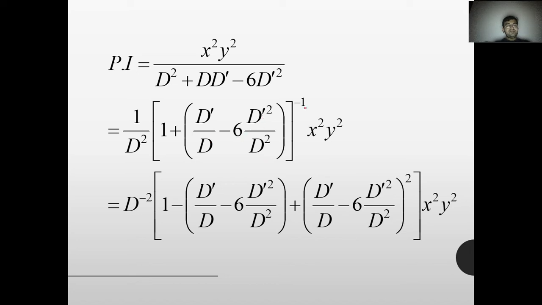This is d raised to minus 2 and expand this: 1 plus x raised to minus 1. 1 plus x raised to minus 1 is equal to 1 minus x plus x square.